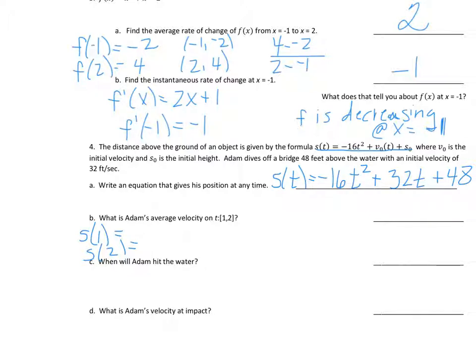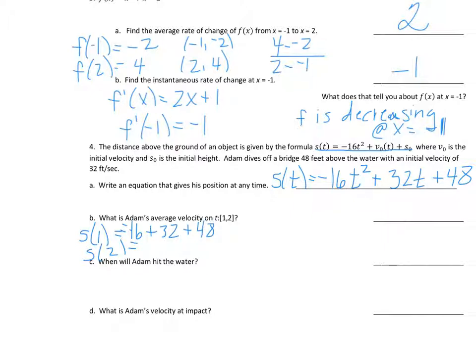So what is S of 1? Now let's just pretend that I said you couldn't use a calculator. I think you can figure out these numbers. They're not too bad. So S of 1 would be -16 plus 32 plus 48.